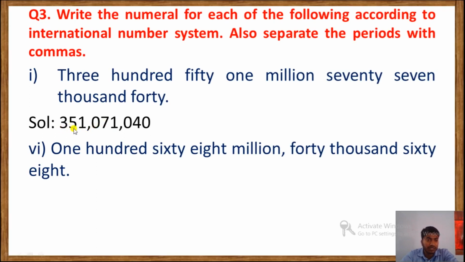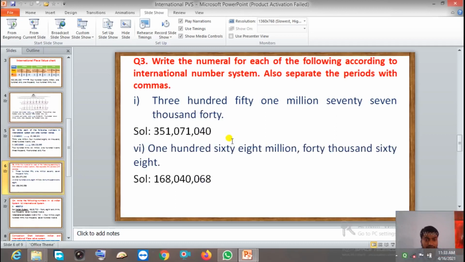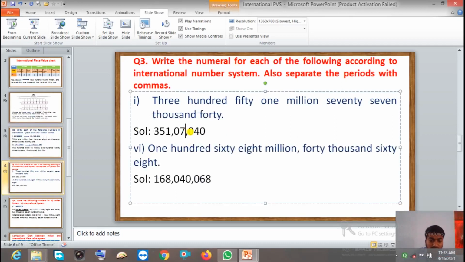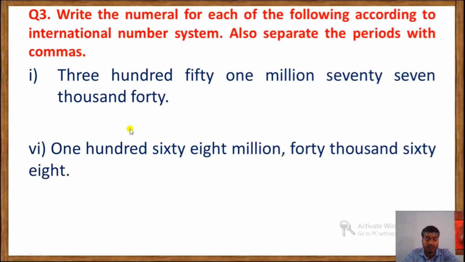So this is 77,040. Here this will be 7, not 1. Clear?